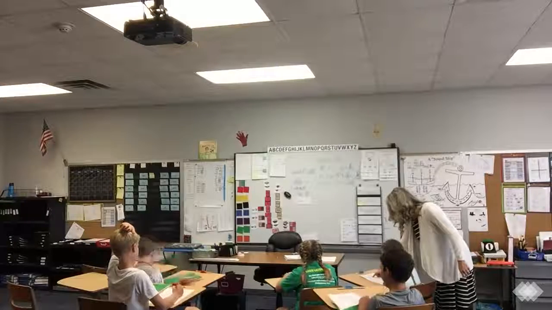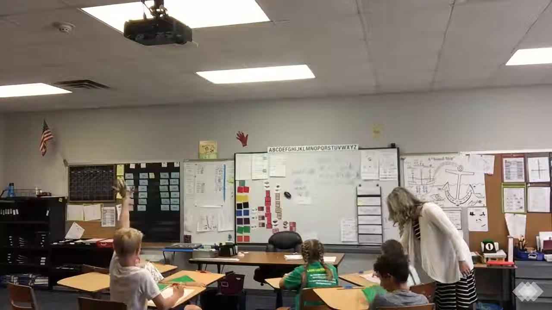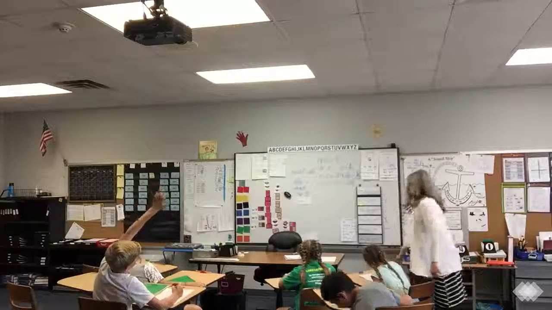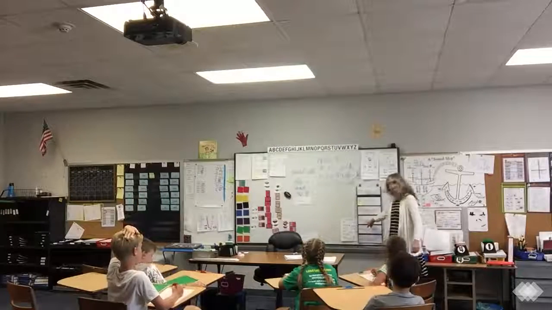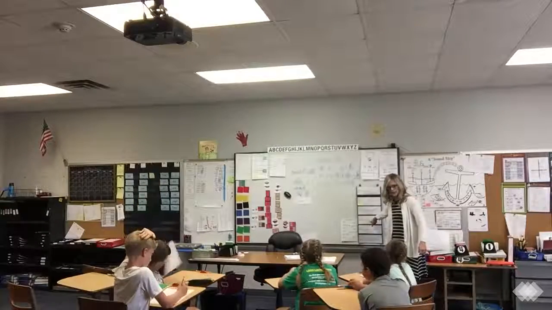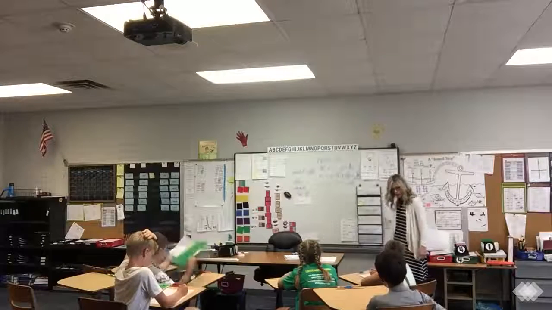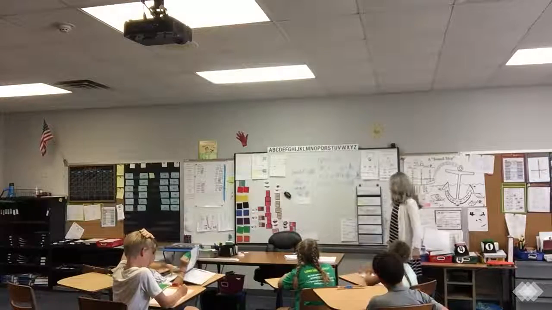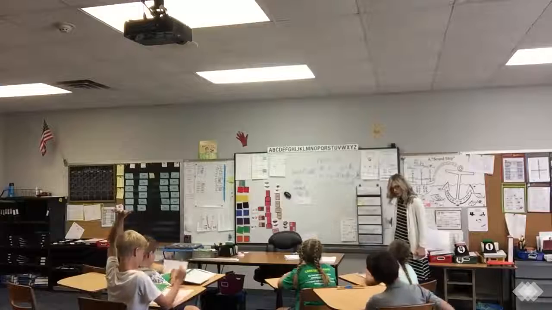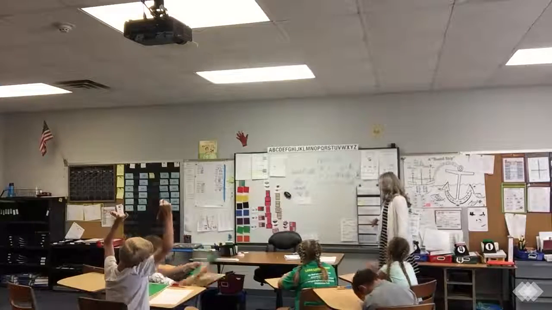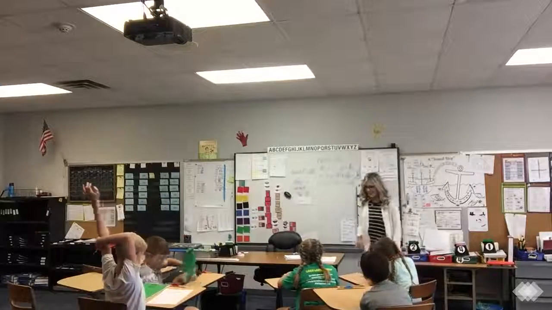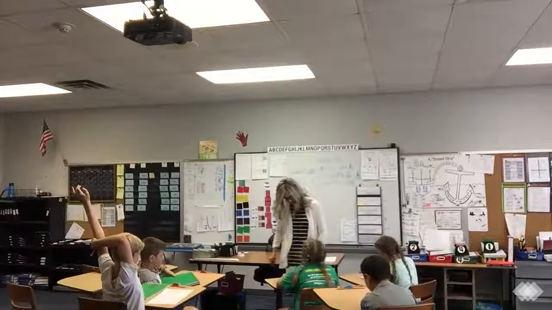Okay, and look at your last two letters of your base word run. What do they end with? A vowel and a consonant. So what would your decision be? Is this add or double? Double the final. Okay. Read yours.